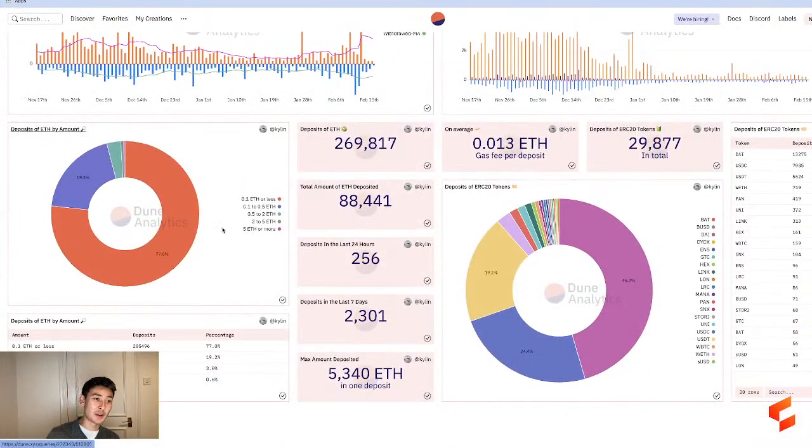And so my personal hypothesis as to why that is, looking at all of this deposit by ETH amount: 77% of all the deposits have been 0.1 ETH or less, which to me suggests that no one's depositing to actually deploy their capital and use it on optimism, right? They're doing something else with it, because I think for 0.1 ETH, especially during that time frame, you would have paid a lot in gas fees to get it over there.